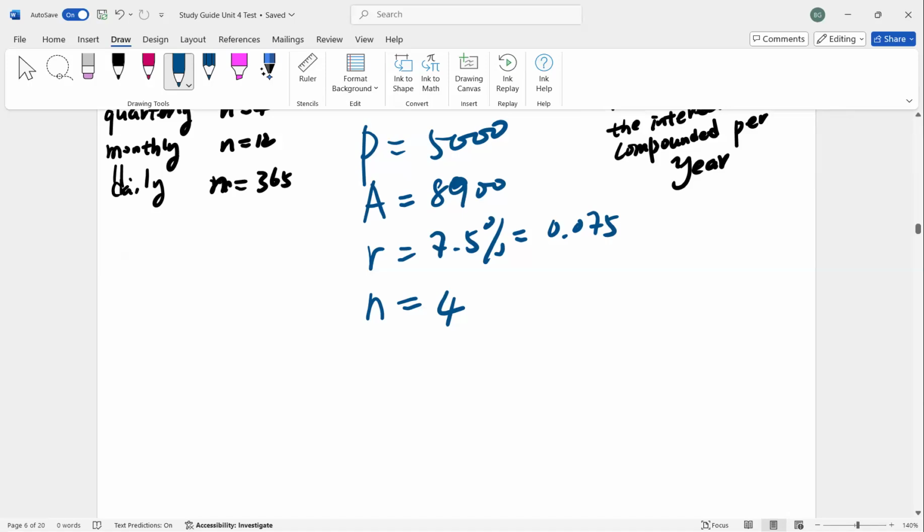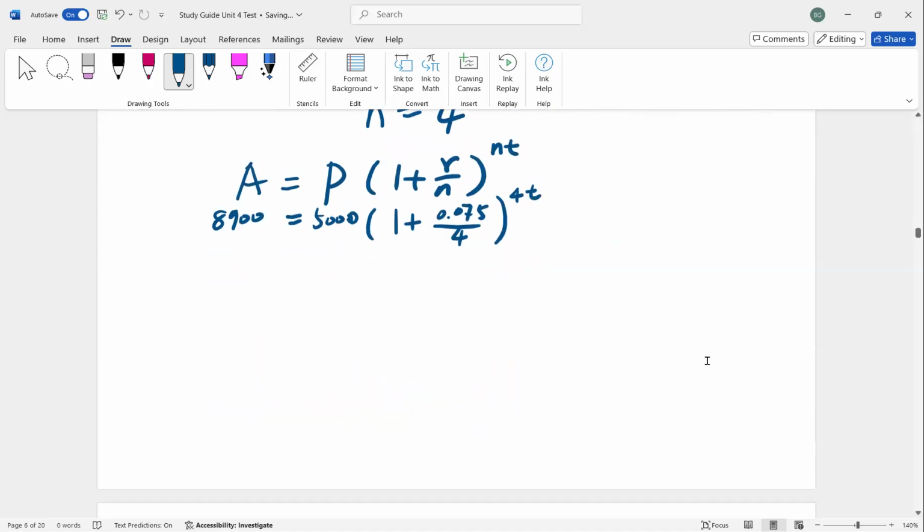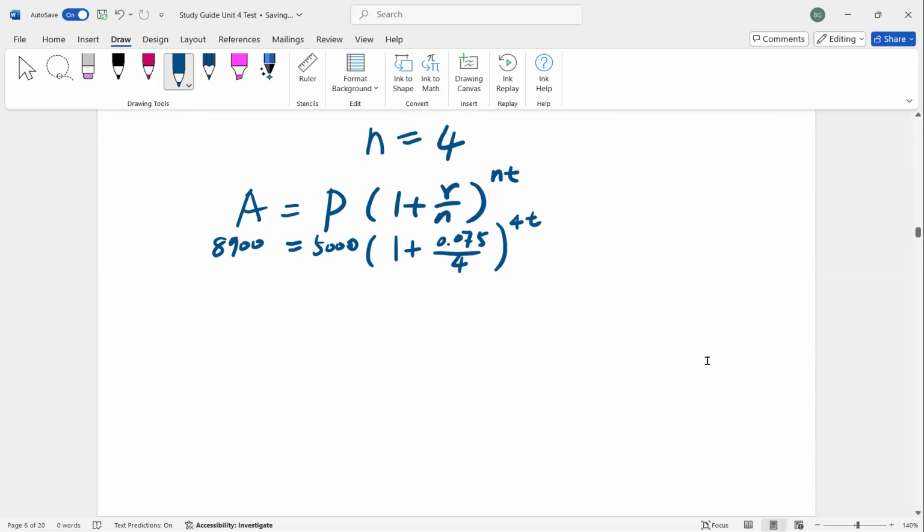Let's plug in the values into A equals P times (1 plus r over n) to the power of nt. A is 8,900, P is 5,000, 1 plus 0.075 over 4, to the power of 4t. That's the equation we are going to solve.